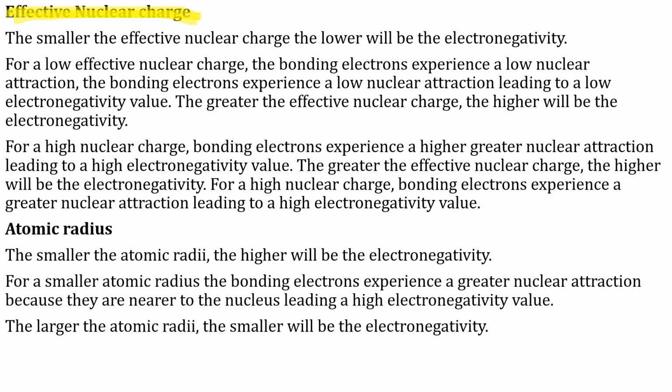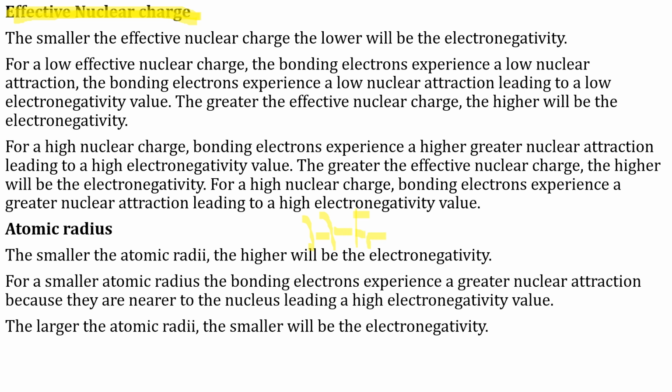So, we're trying to reason this out. If effective nuclear charge is high, we expect the bonding atom in a covalent bonding situation to attract the bonding electrons strongly toward itself. Like if you look at hydrogen fluoride, there is a bond here.